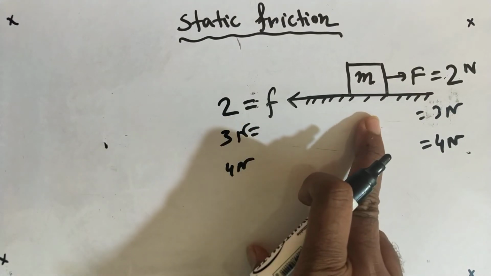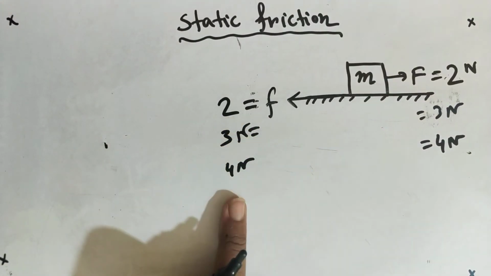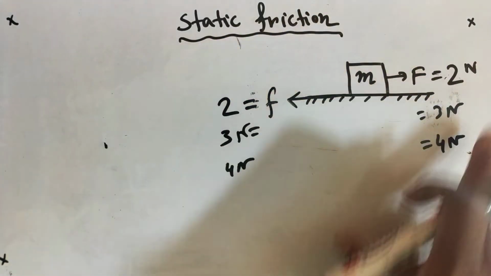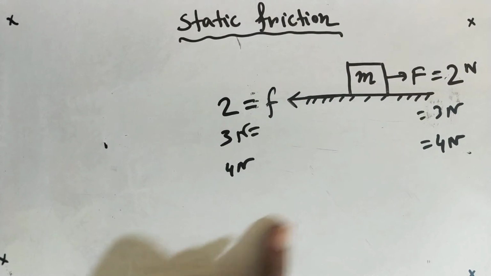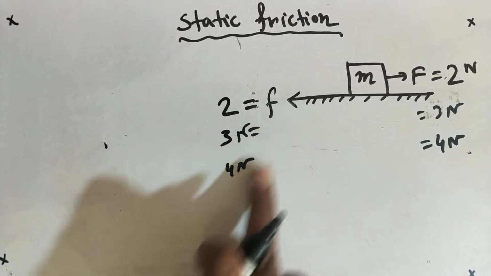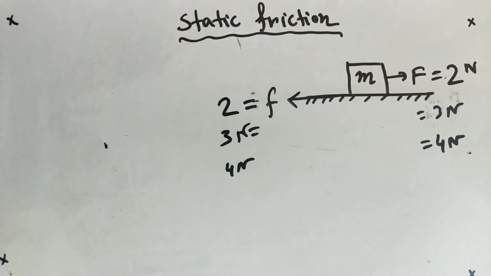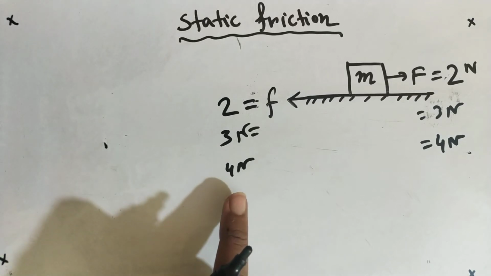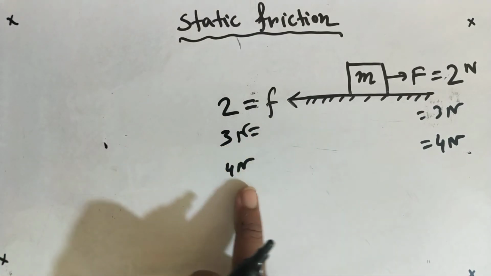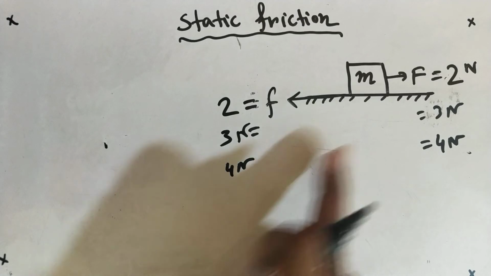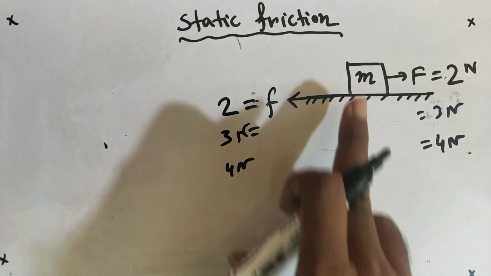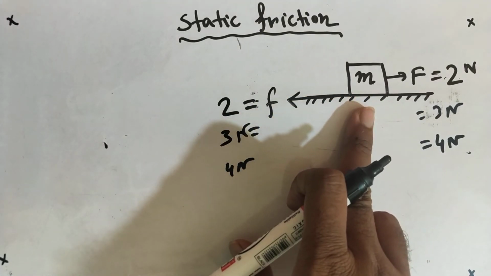If the object is not moving, then this will also be 4 Newton. So what does this actually suggest? This suggests that the frictional force is self-adjusting, but it happens only up to a particular value. After a particular value, this mass will obviously move.